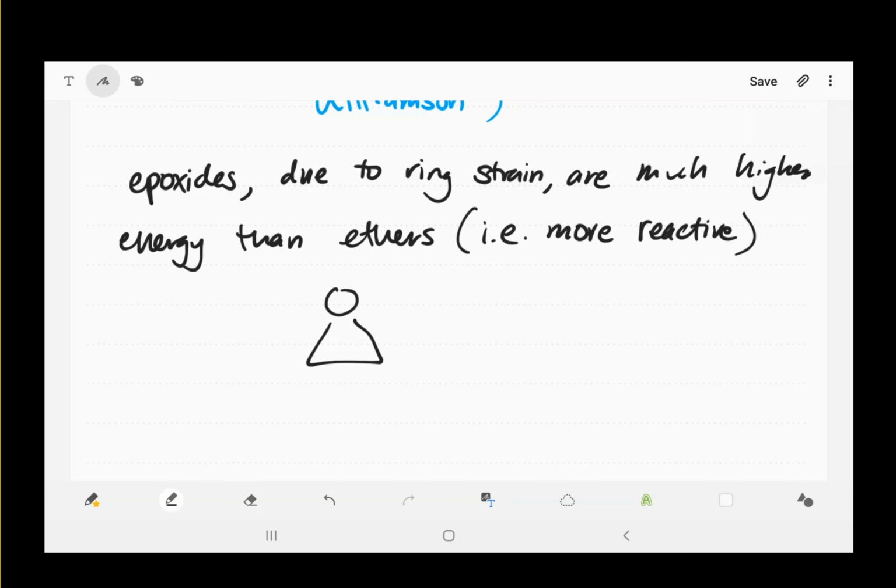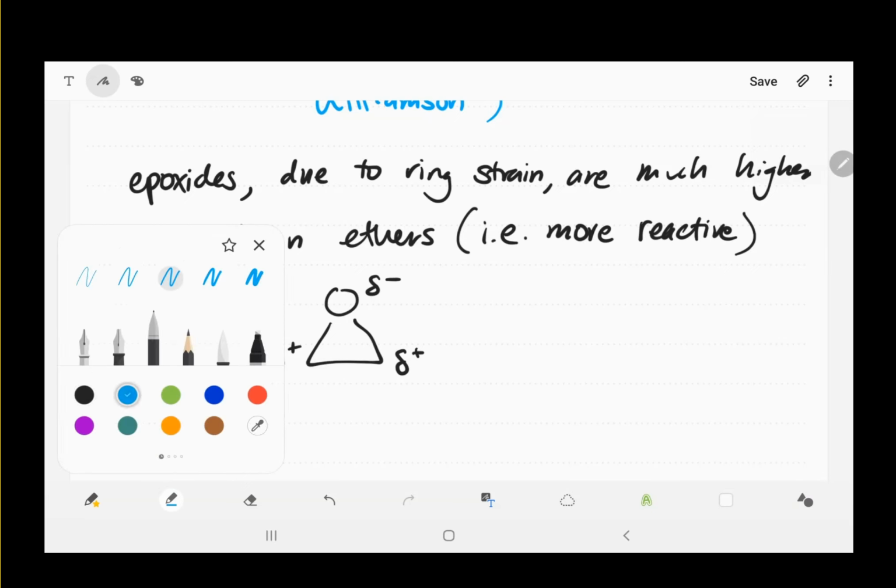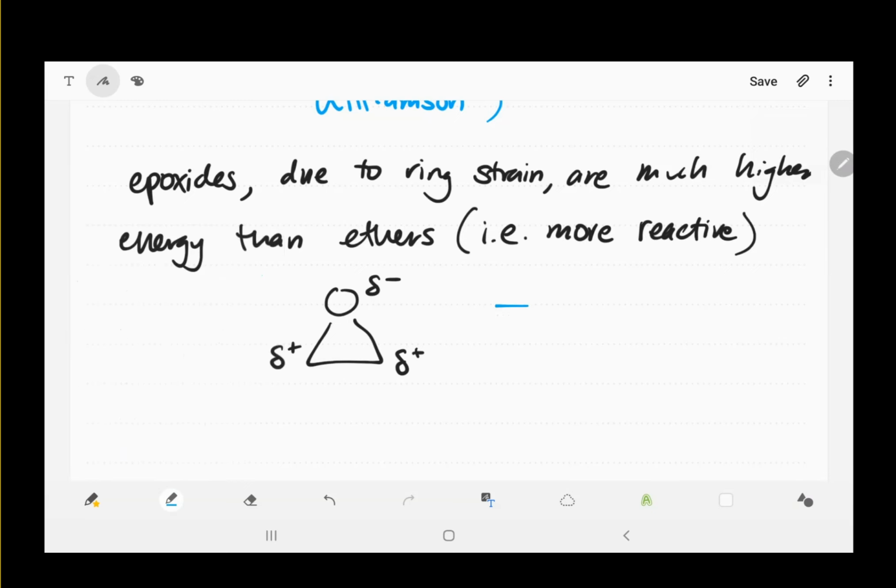Not very happy, right? It's unstable. We're going to see that we have a lot of different things that can break it. So note that both of these carbons are going to be a little bit delta positive, as your oxygen is withdrawing electron density. So these two sites are electrophilic.